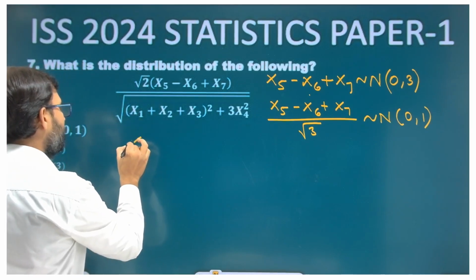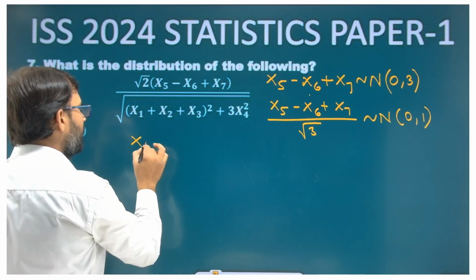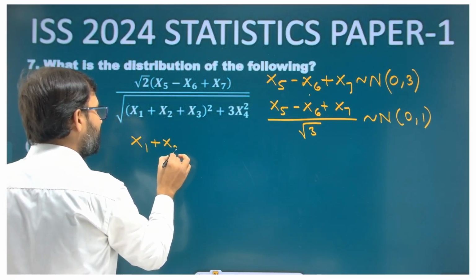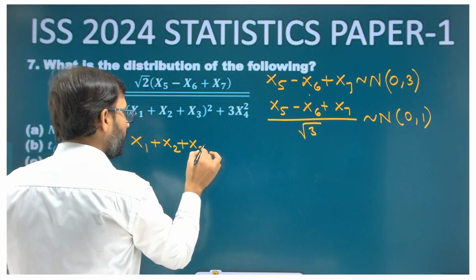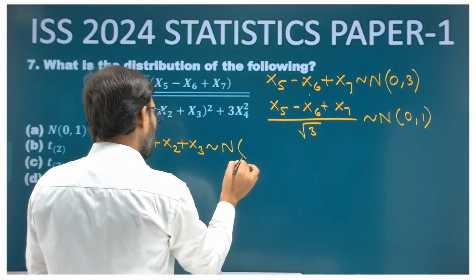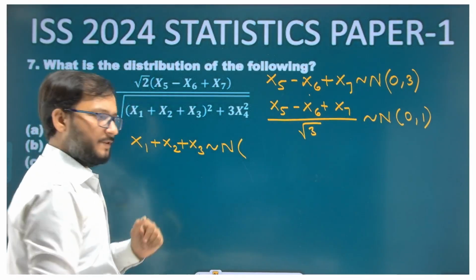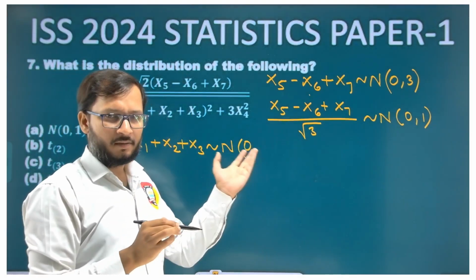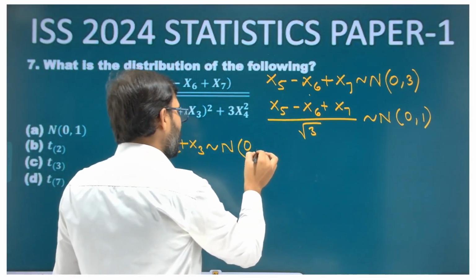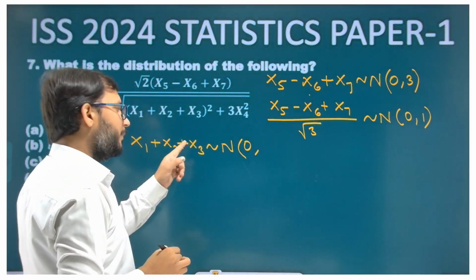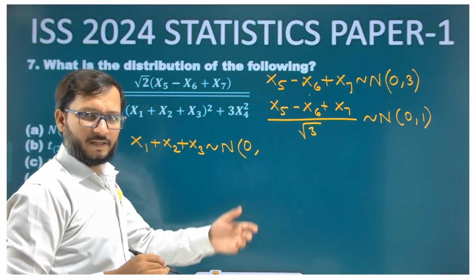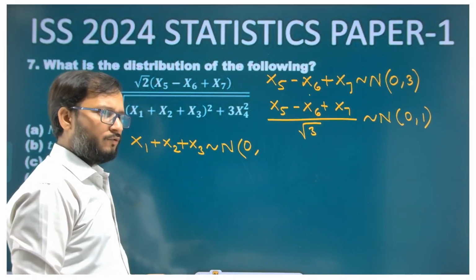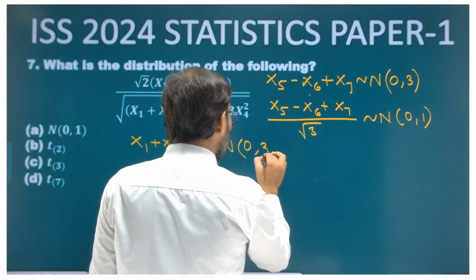So let me check this one. Then x1 plus x2 plus x3 will follow normal with mean again 0, because expectation of x1 plus expectation of x2 plus expectation of x3, all are 0, so 0. And variance 1 plus 1 plus 1, because there is no covariance, covariance will be 0 due to independence. So this is 3.